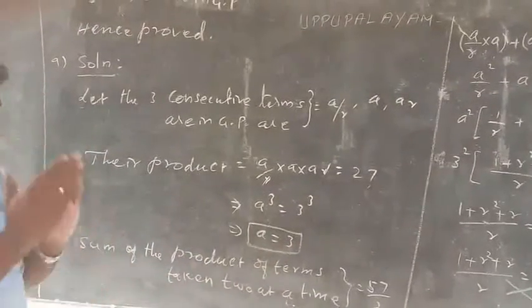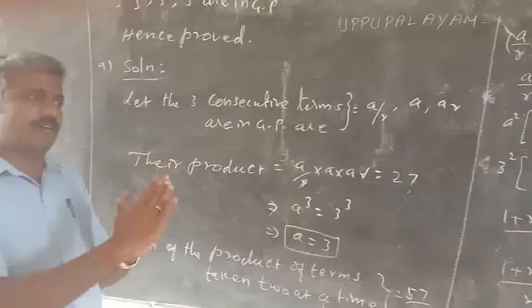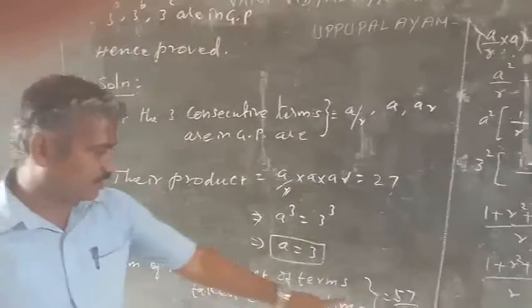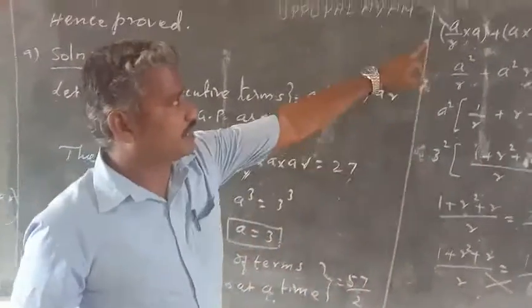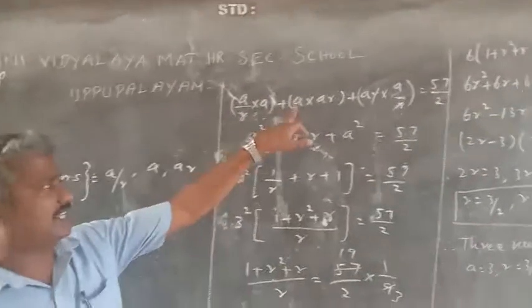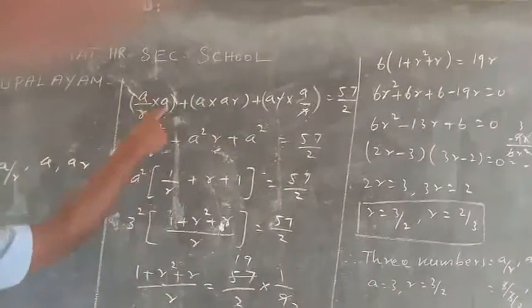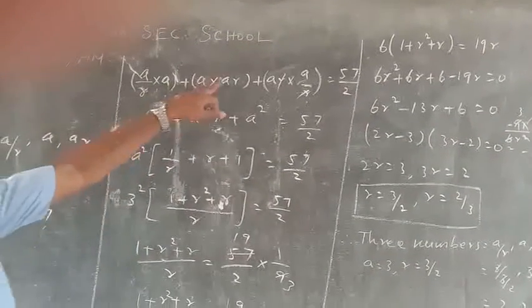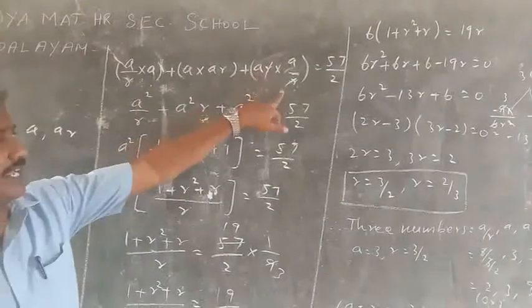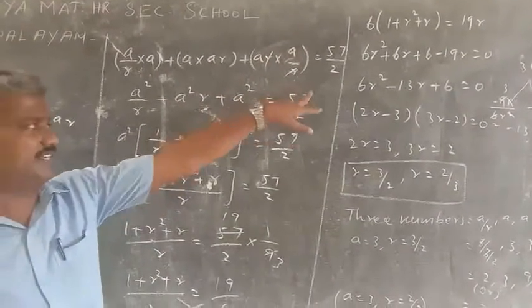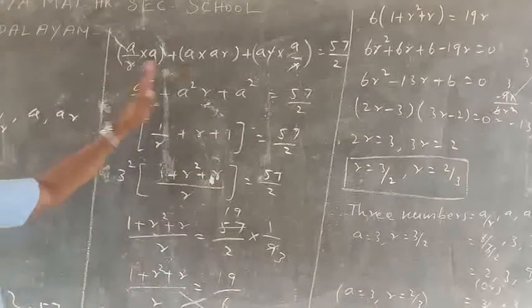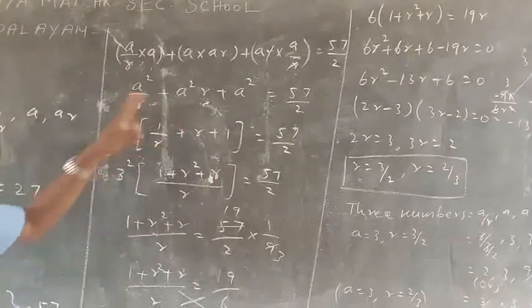Next, the sum of the products of the terms taken two at a time equals 57 by 2. So a by r into a plus a into ar plus ar into a by r. So a square by r plus a square r plus a square, where r cancels, is equal to 57 divided by 2. All terms have a square common, so take a square outside.